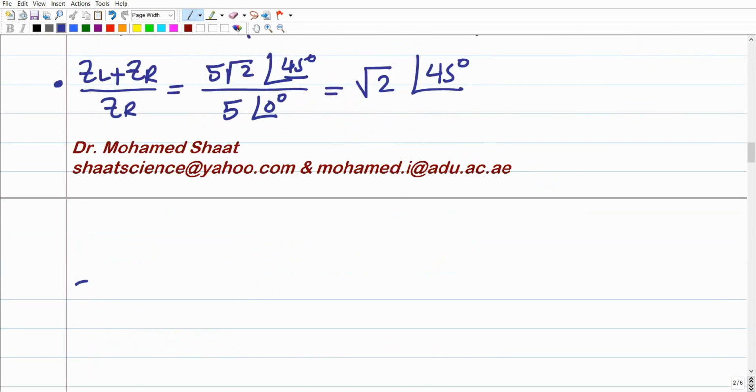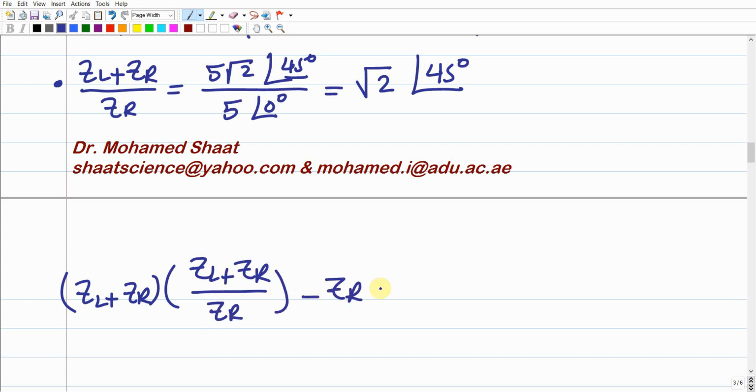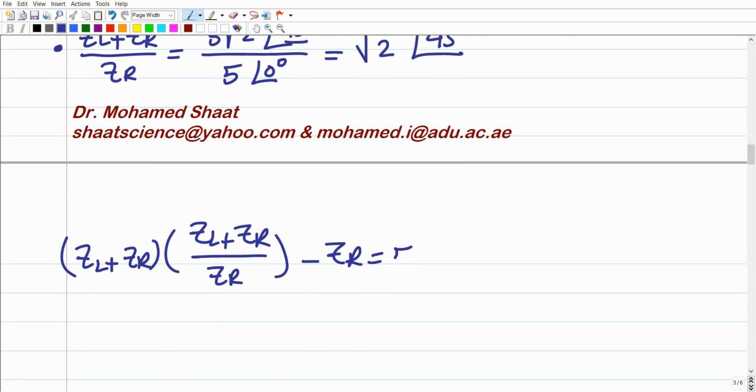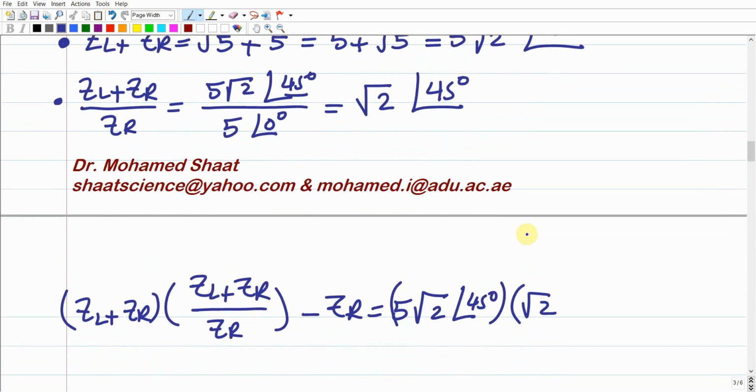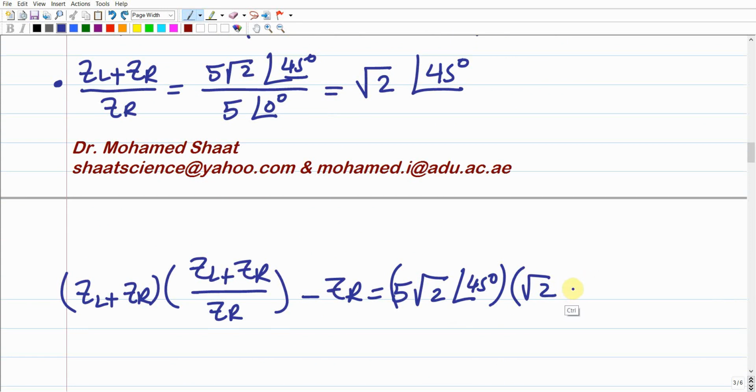So we're going to have here the multiplication of ZL plus ZR, which is 5 square root of 2 angle 45 degrees, multiplied times ZL plus ZR divided by ZR that we just got, which is square root of 2 angle 45 degrees. Then we are going to subtract the 5 angle 0, which is this ZR.